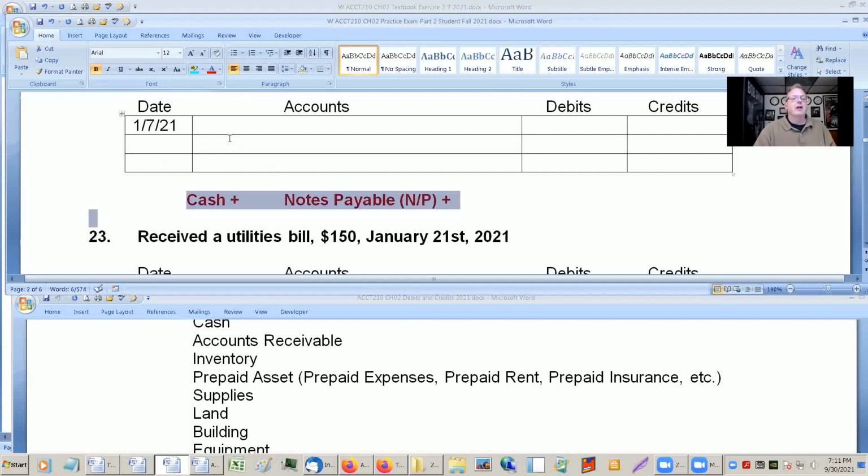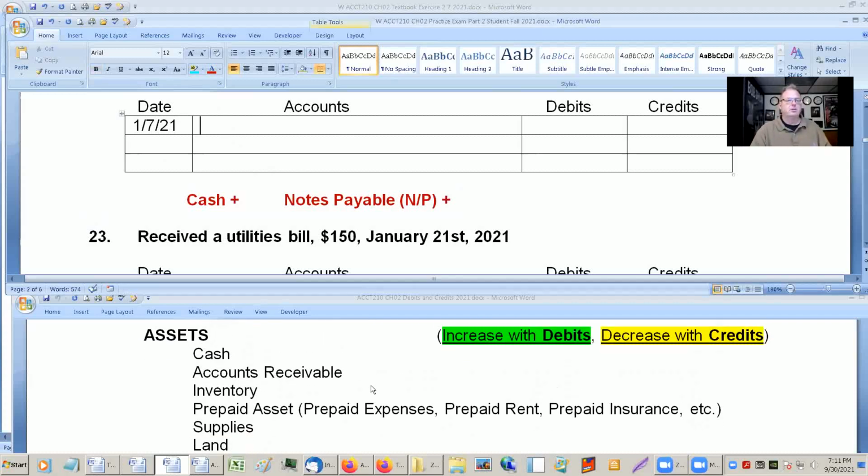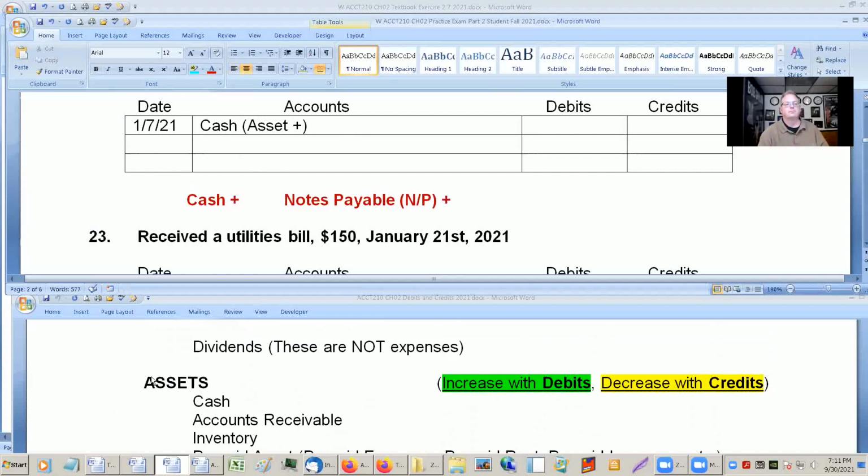Okay, so I'm back. How you guys been? All right. So cash is going up with a debit, 8,000. And notes payable going up with credit.